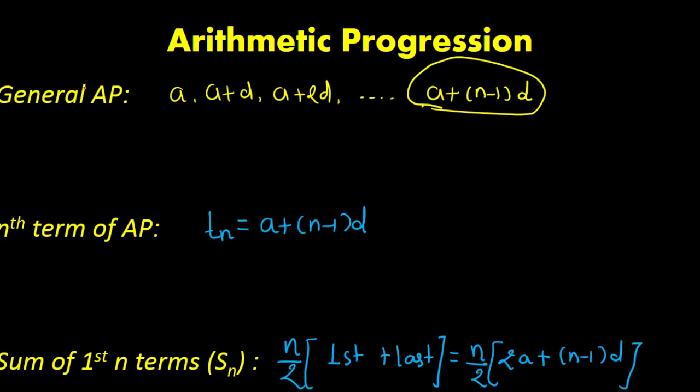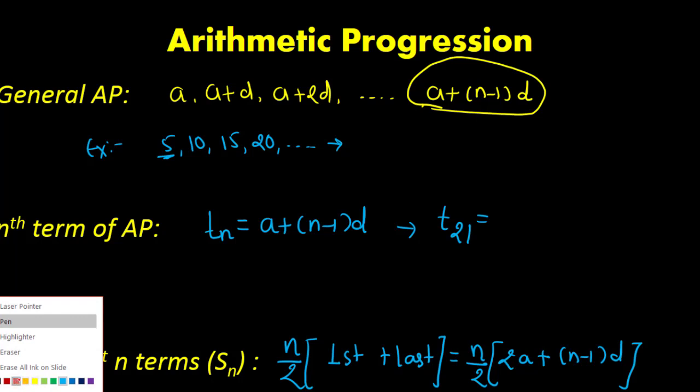So if I take an example, again we'll take the same example, 5, 10, 15, 20. If this is an AP, then find out the T21, the 21st term of this AP. So what is A? In this case A is 5.